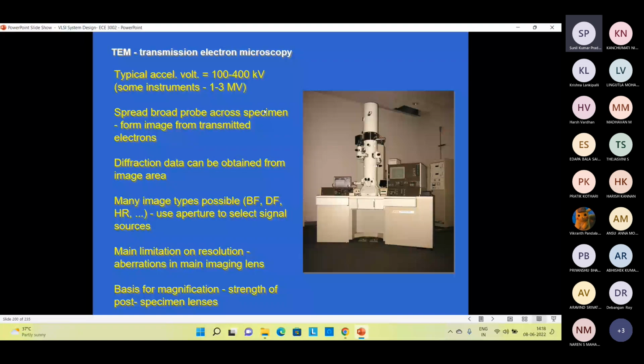When we discuss this electron microscope, we can resolve our specimens accordingly, because the energy of the electron beam is so high that we can get a resolution of even less than 0.5 nanometer.